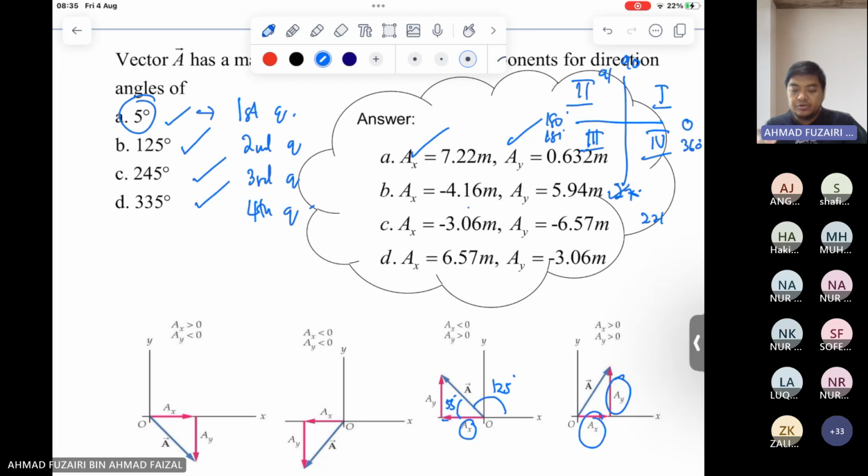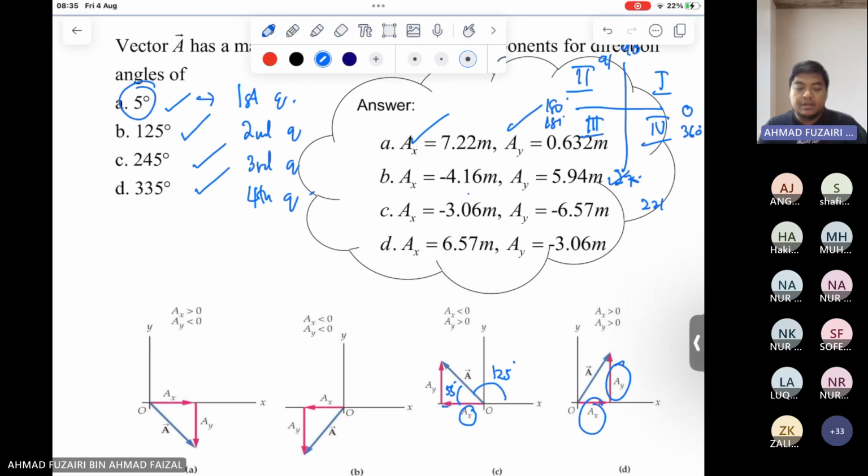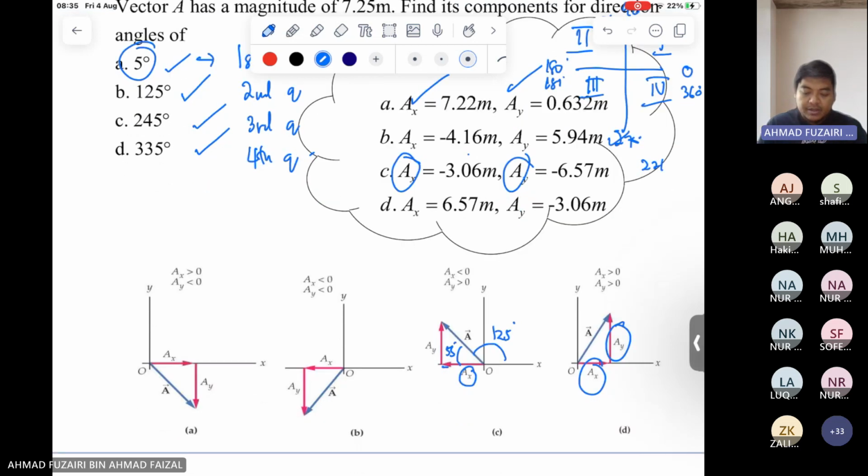Right? Sebab contoh dia kalau C, okay, kalau C on 245 degree, so both AX and AY kedua-duanya negatif. Nampak? Sebab apa? AX pointing to the left, AY pointing downwards ke bawah. Bila dia pointing to the right and pointing to the upwards, kedua-duanya positif.